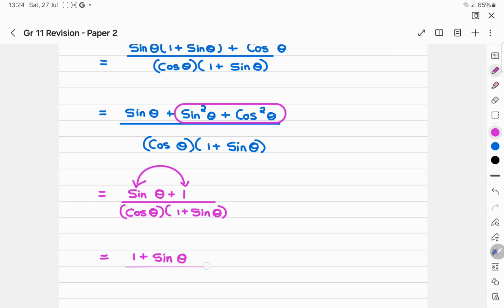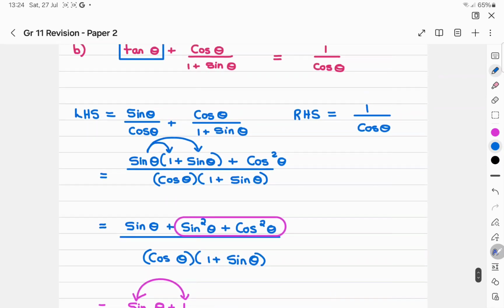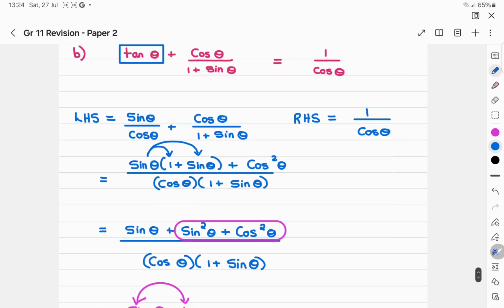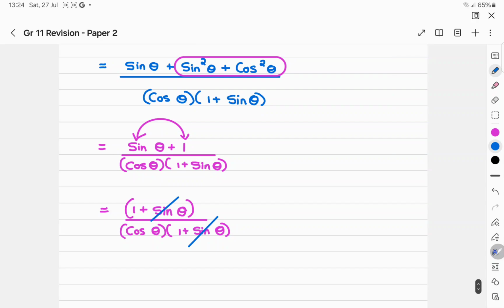Okay, but let me just write it down. Then I bundle this together as that, and then I'm going to delete that 1 plus sine theta over 1 plus sine theta. And I've got a cos theta left. Yes, and hopefully you check your right-hand side and you don't go and write it as cos theta, but 1 over cos theta.